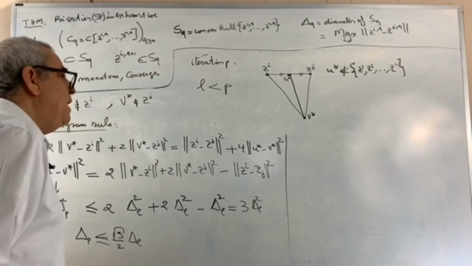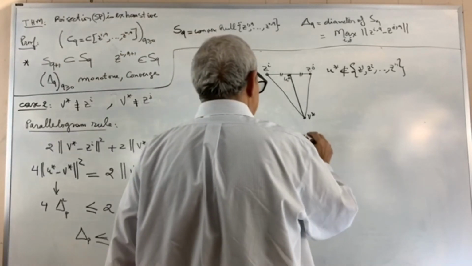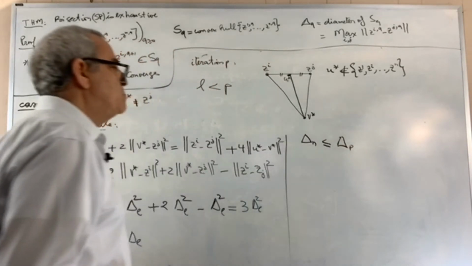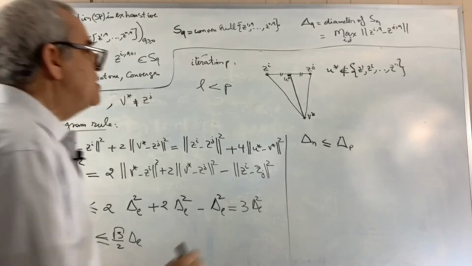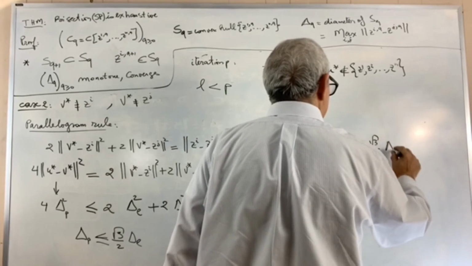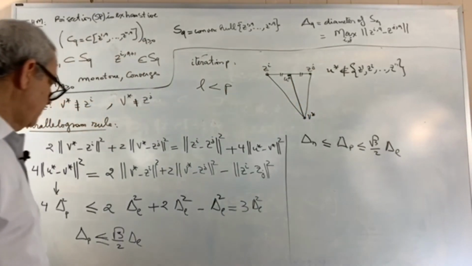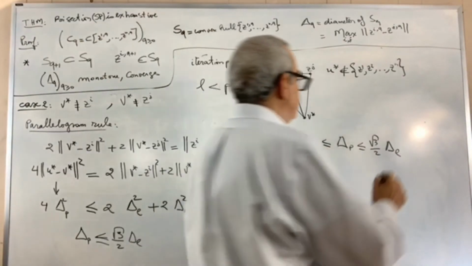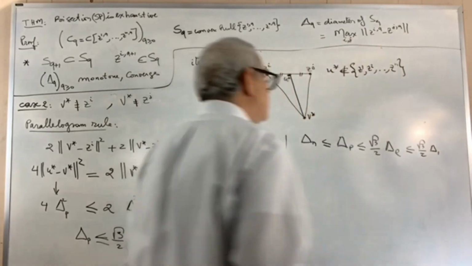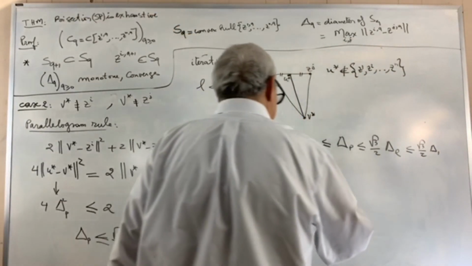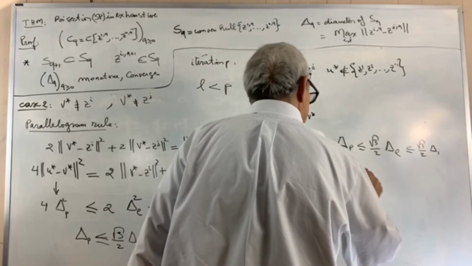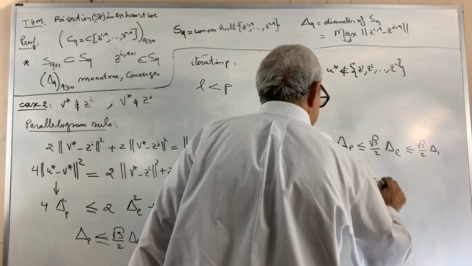That's what we get. So delta N, again, is less or equal to delta P, as we did before, because P is less or equal to N, which is less or equal to square root of 3 over 2 delta L, right, from here. And this in turn is less or equal to square root of 3 over 2 delta 1. Okay, so therefore delta N over delta 1 is less or equal to square root of 3 over 2, which is strictly less than 1.